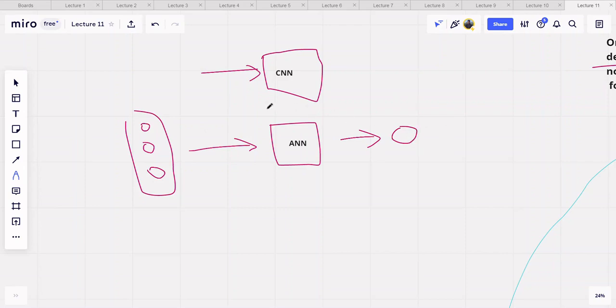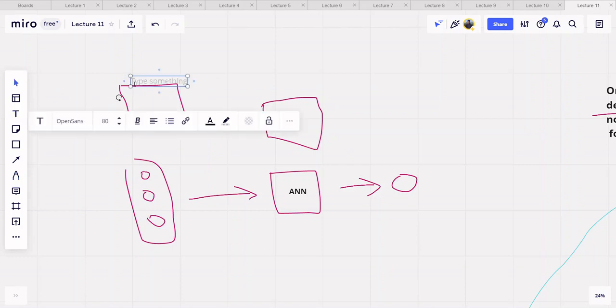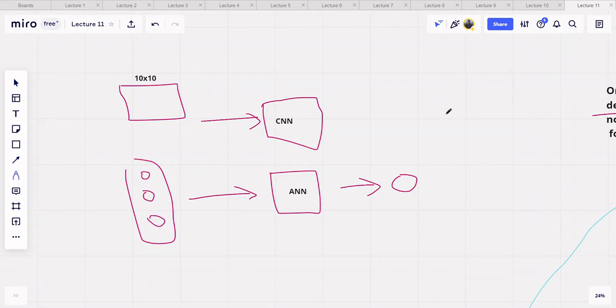Even in CNN, the size of the images that we give to the CNN is predefined. If I have, let's say, a 10 by 10 image, then all our images will also be of the same size. And a CNN will also have a fixed output.